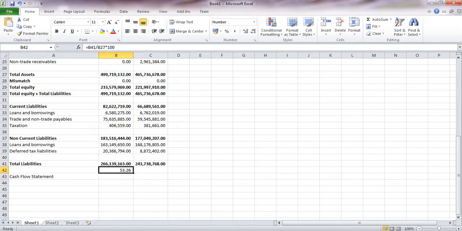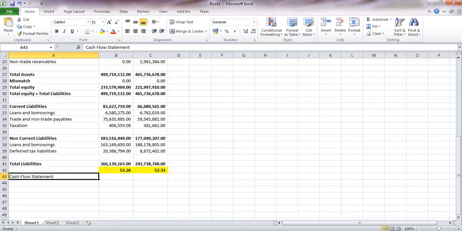As you can see, the debt ratio is very high as well. This one is in terms of percentage. This is the total debts, 53.26. If something goes wrong over here, this company may not be able to sustain.